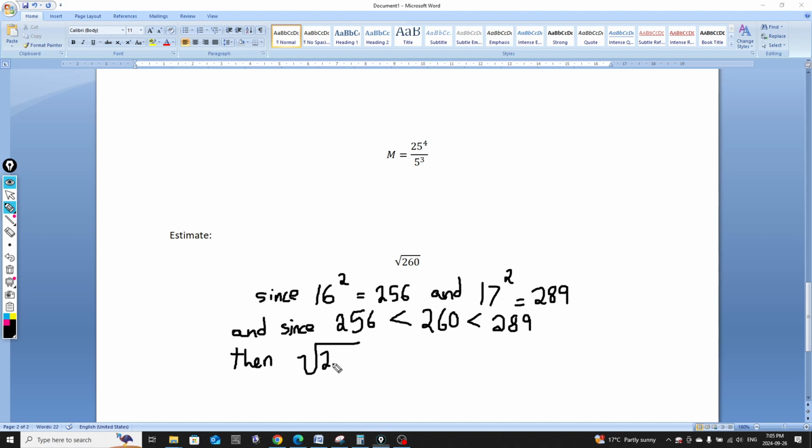That means the square root of 256 is going to be less than the square root of 260, which is going to be less than the square root of 289.